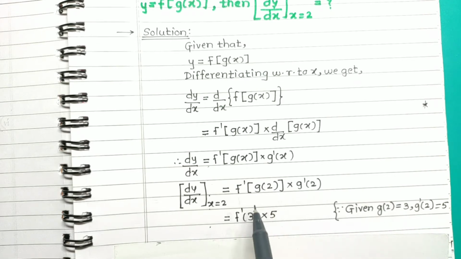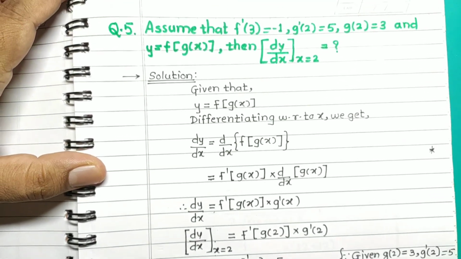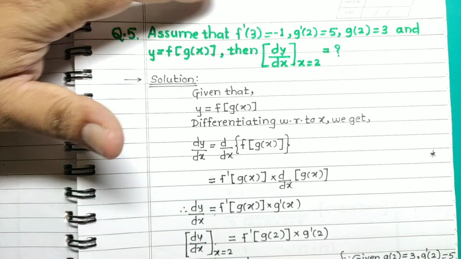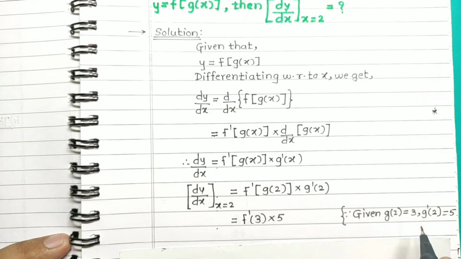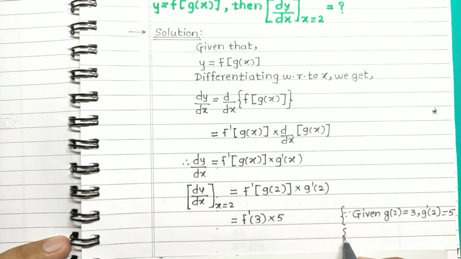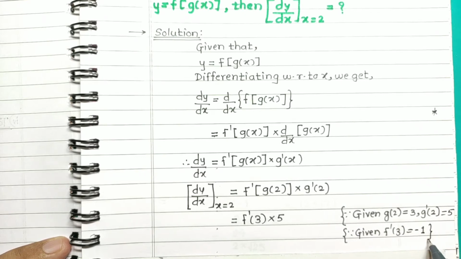Okay, then we are going to use the next given value. We are given f dash of 3, f dash of 3 is equal to minus 1. Okay, so you use this value here.